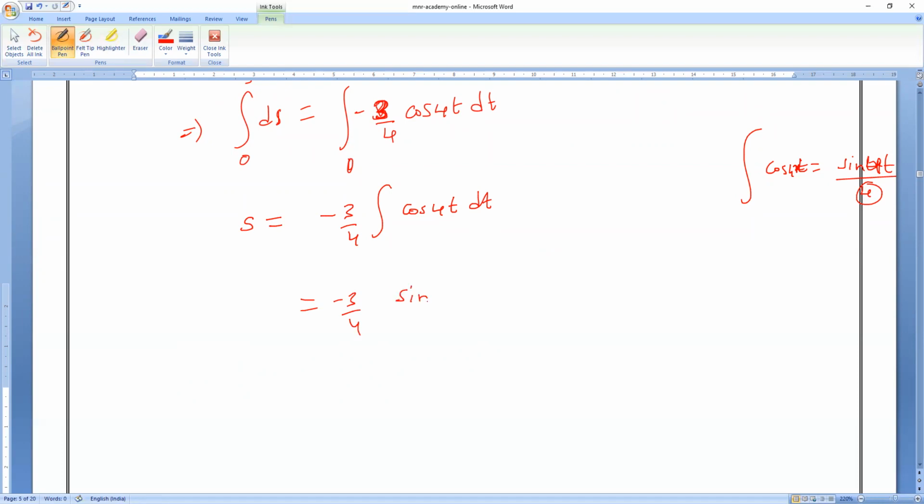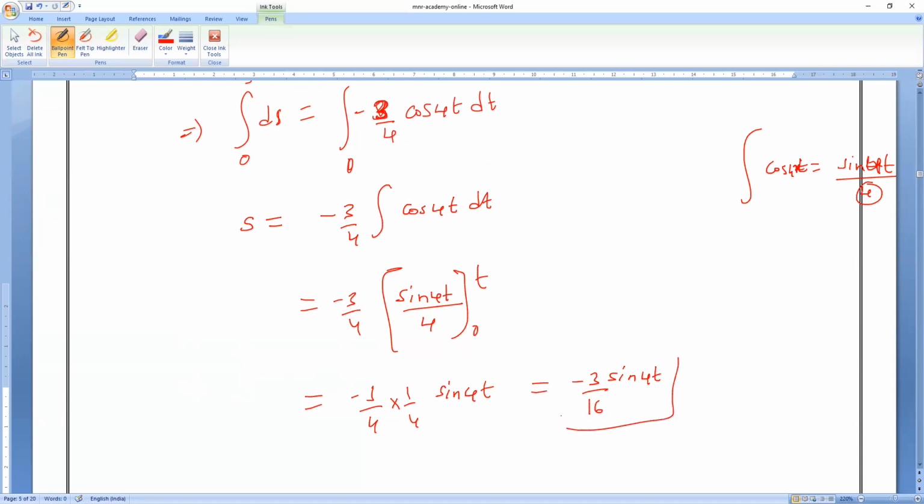Sin 4t by 4. With limits 0 to t, which is equal to minus 3 by 4 into 1 by 4 into sin 4t, is it right or wrong? Which is equal to, I will say directly, minus 3 divided by 16 sin 4t. So that is what s is equal to.